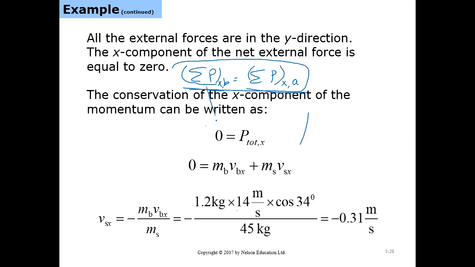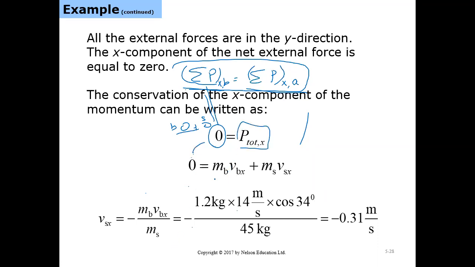Right, so what is this? Before she throws, she's at rest. The bottle has 0 velocity. The skater also has 0 velocity. So before she throws, the total momentum is 0 plus 0, 0 for the bottle and 0 for the skater. What is 0 plus 0 equal to? 0. That is before. Afterward, let me say it is the total momentum afterward.